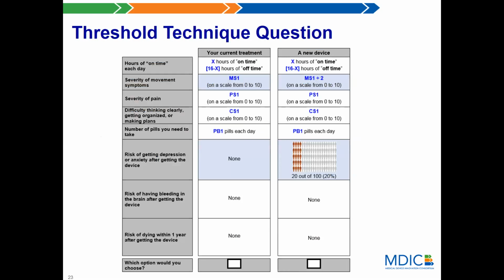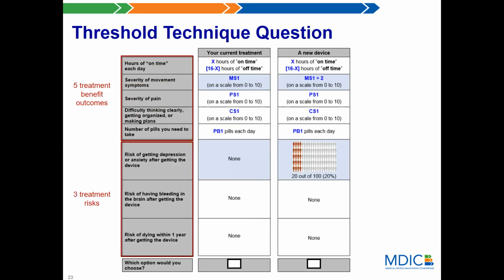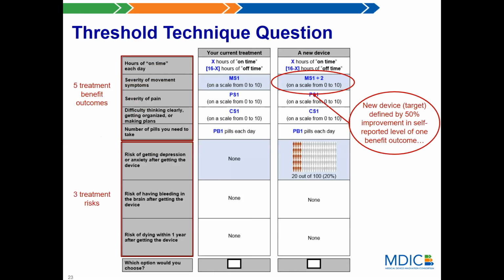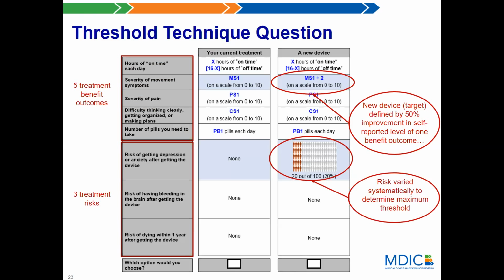So this is an example of what a threshold technique question might look like. And in this case, you can see here on the left that we have our 5 benefits. We have the 3 risks. And in this case, we start with the new device, the target device, offering a 50% improvement in movement symptoms from the baseline, and starting with a 20% risk of new or worsening depression or anxiety.